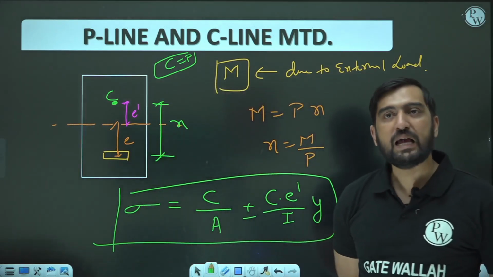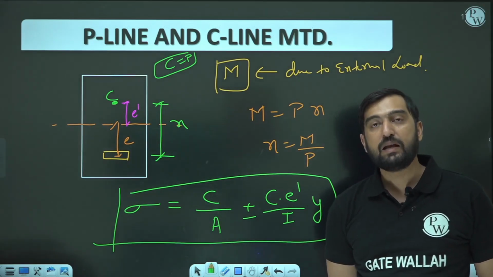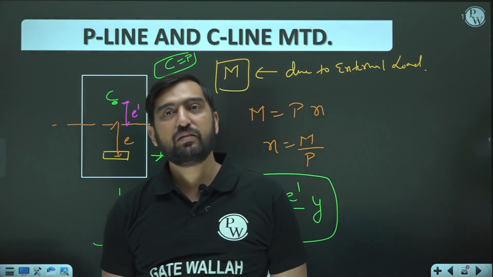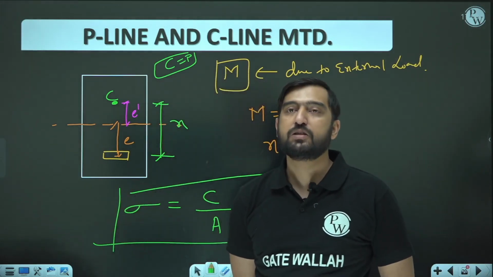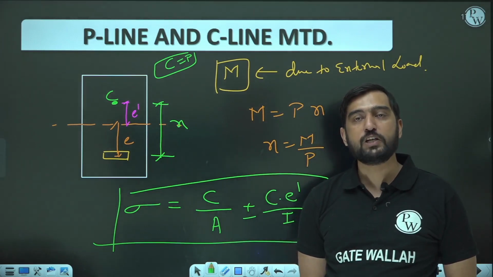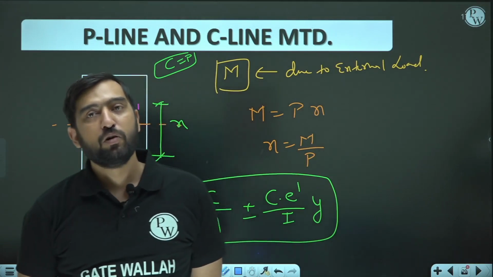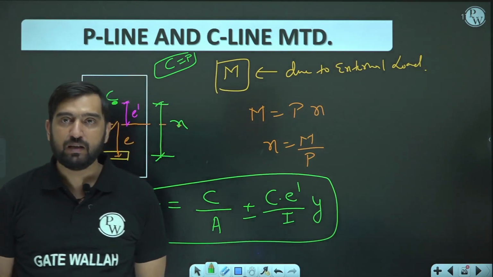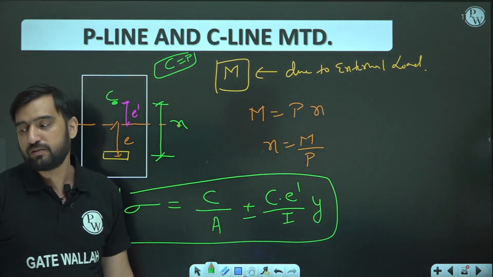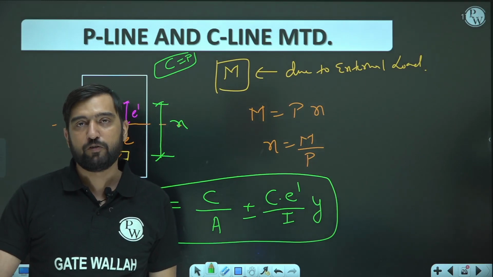P line is your cable line, the line of the pre-stressing cable, and C line is the pressure line, the thrust line. First you calculate the deviation of the compressive thrust from your cable, and calculate the revised eccentricity. Based on that revised eccentricity, you calculate the resultant stress. Are you getting it or not? So this is the concept of analysis.